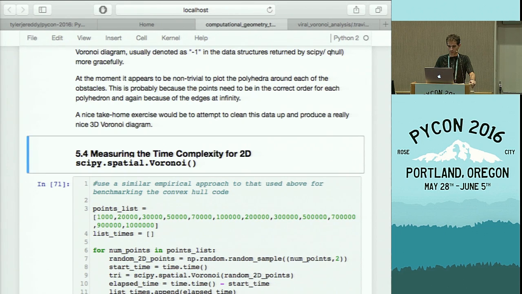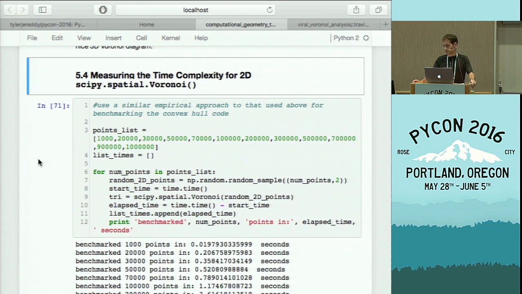So again, looking at the 2D case, I wanted to measure the time complexity of scipy.spatial.Voronoi. I think I've already alluded to the fact that its mathematical properties are very similar to the Delaunay triangulation, so we'd expect a similar time complexity.